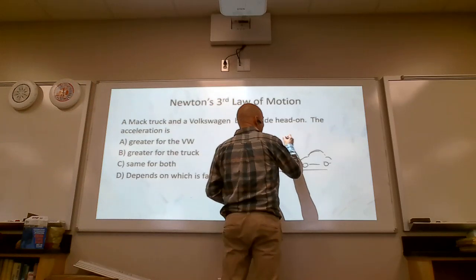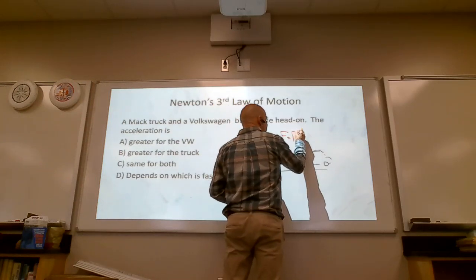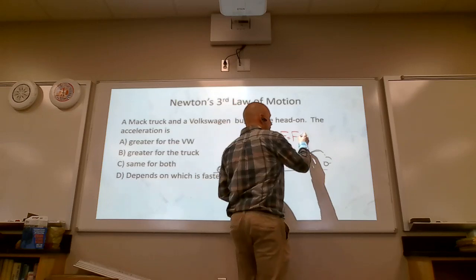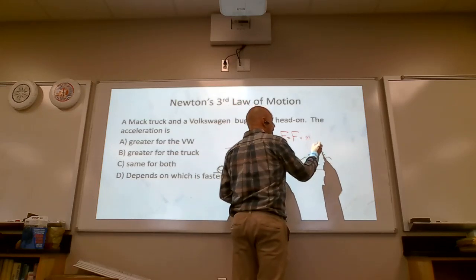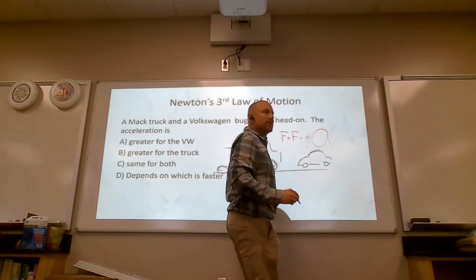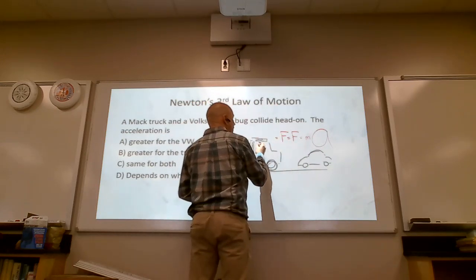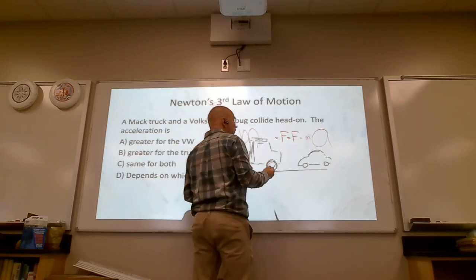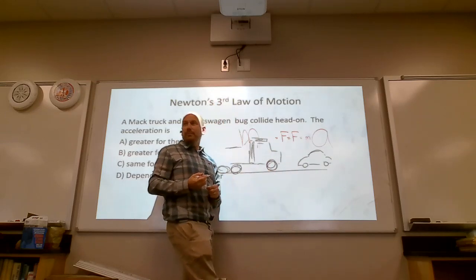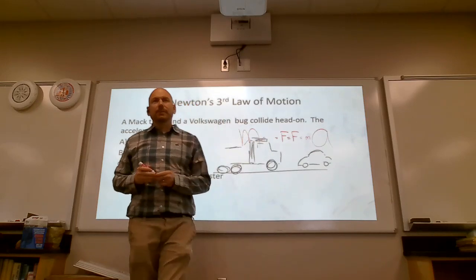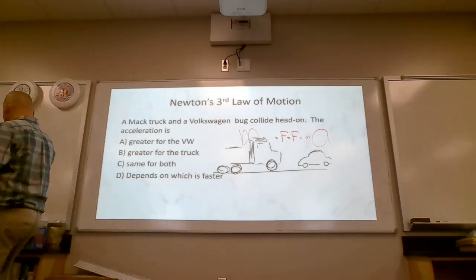Has less mass. Both experienced the same force. But the Volkswagen Bug had a small mass, therefore it experienced a huge acceleration. Versus the Mack truck had a huge mass, therefore has a lot of inertia. Experienced a little acceleration. Okay?